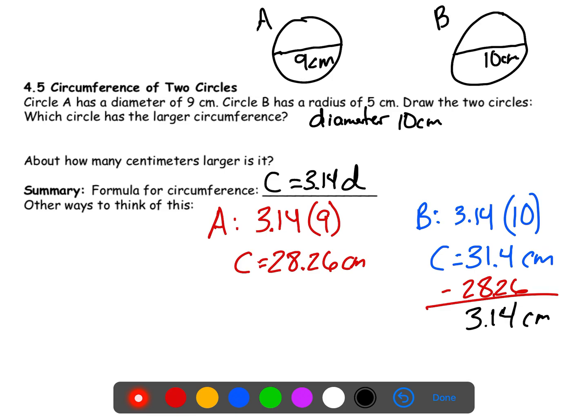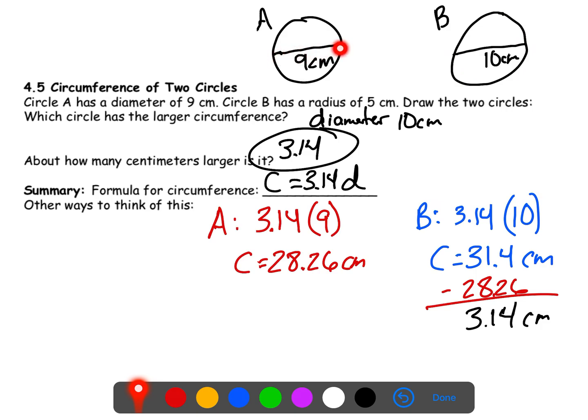So if we write that answer, and that's an interesting answer. That's what we round pi to in our calculation. So think about what that meant. We extended our diameter by 1 centimeter, and we gained an extra 3.14 centimeters in our circumference. That's because it's a proportional relationship.